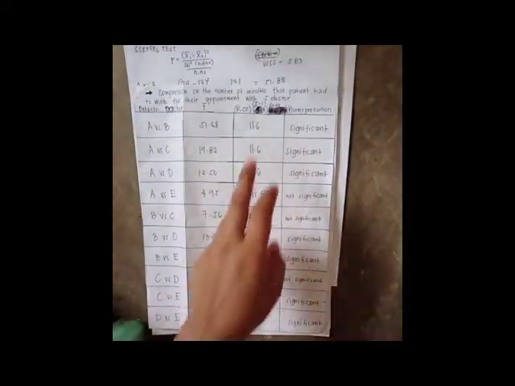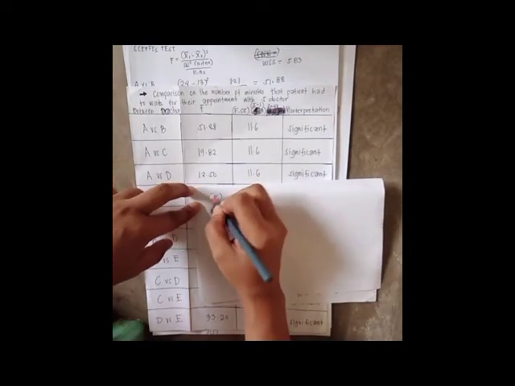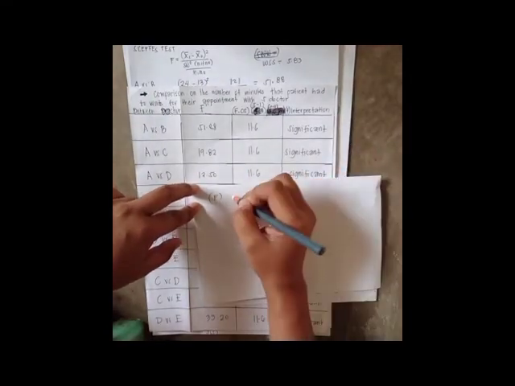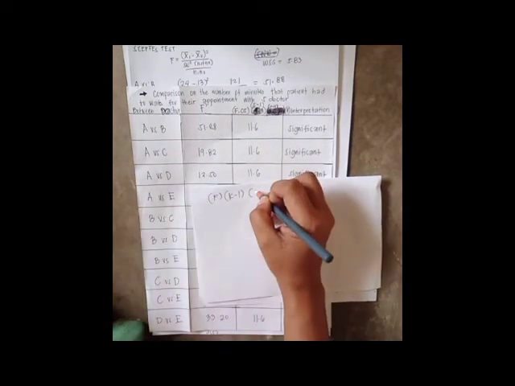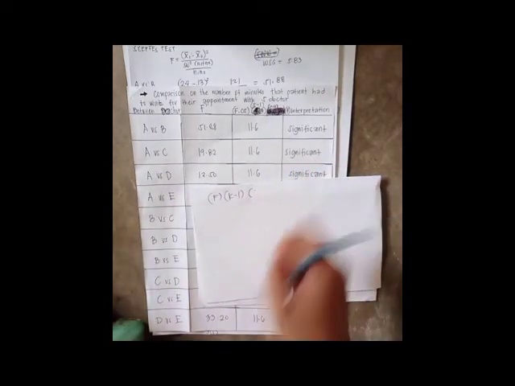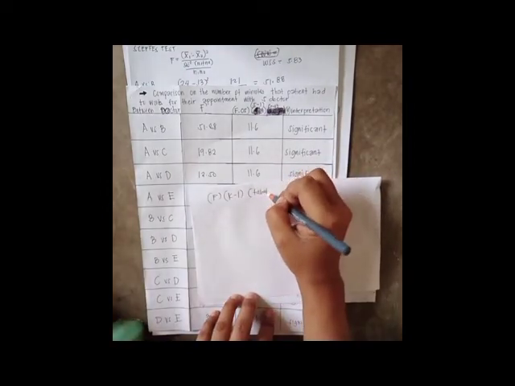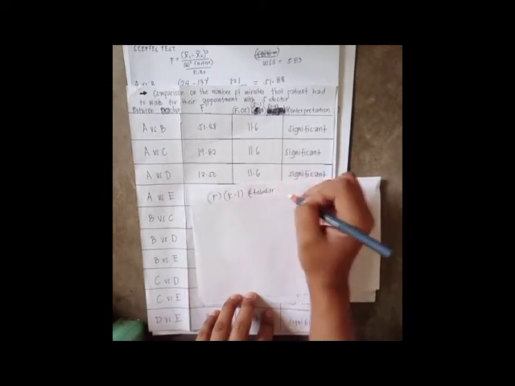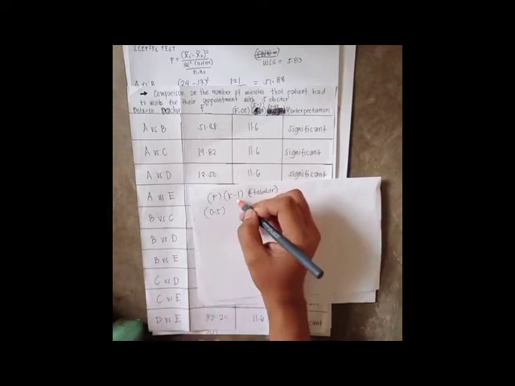And if you're wondering how I got 11.16, we need our F times our K minus 1 times our F tabular.